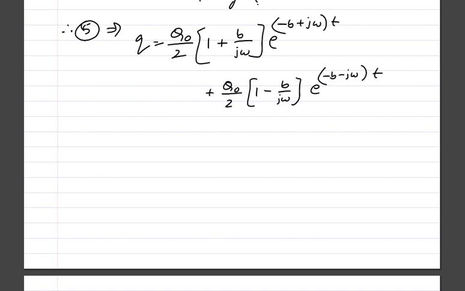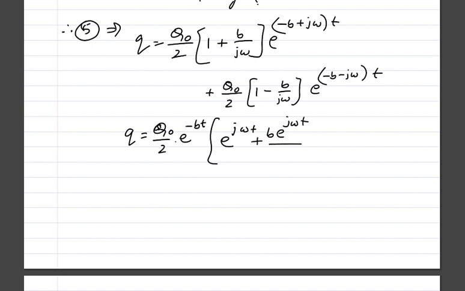We take the e to the power minus b t out of this, so q is equal to q naught by 2 into e to the power minus bt into e to the power j omega t plus b e to the power j omega t divided by j omega, plus e to the power minus j omega t minus, sorry, b e to the power minus j omega t by j omega.